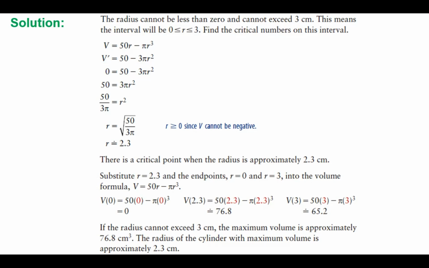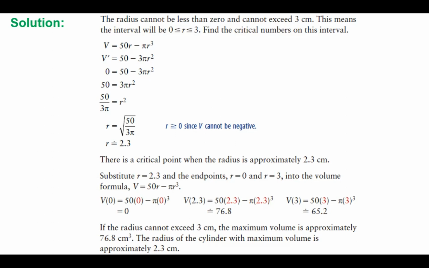V equals 50r minus pi r cubed. Then we find V(0) is 0. V(2.3) is about 76.8. And V(3) is approximately 65.2. Then we know the largest number should be the global maximum, right?